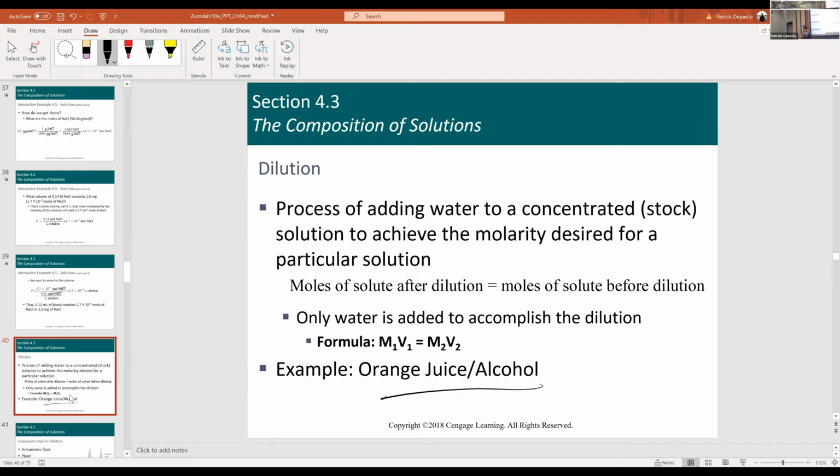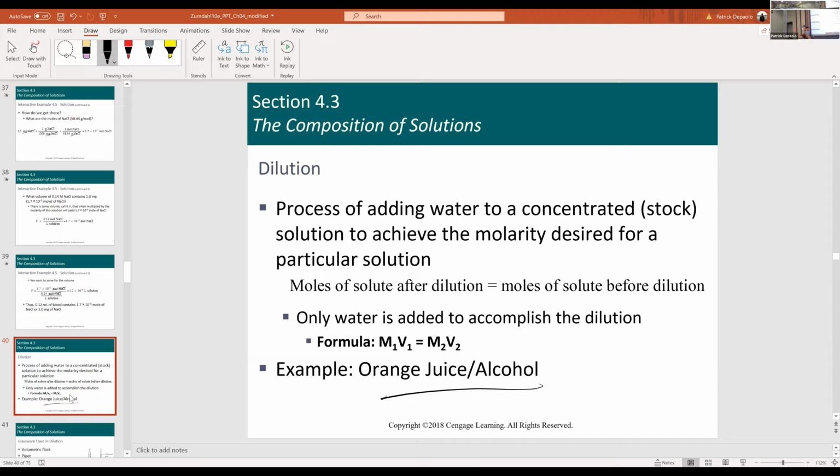When you dilute it, you increase the volume of the solvent, so the volume of the entire thing increases, but the amount of solute stays the same. So if you increase the volume and you keep the amount of solute there, what's going to happen to the concentration?